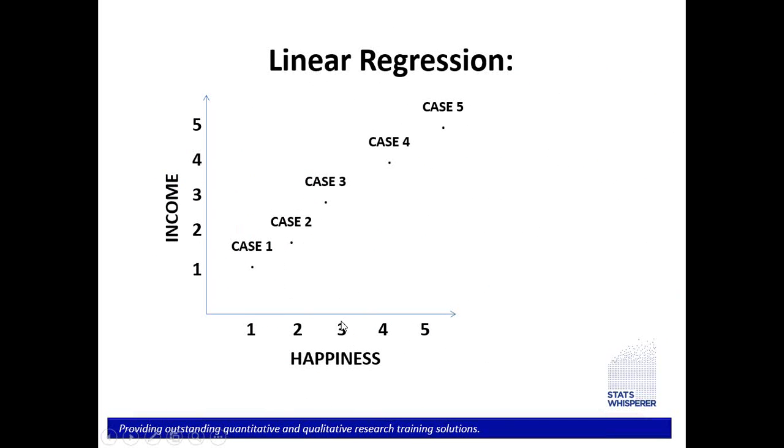Likewise at 3, and the same with 4. A score of happiness at 4, a high score, goes up to here, then across, is also a high score for income. And then 5, the highest score for happiness, is also the highest score for income. So that means as the happiness scores increase, the income scores also increase.